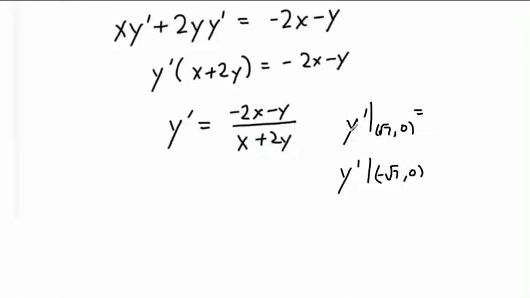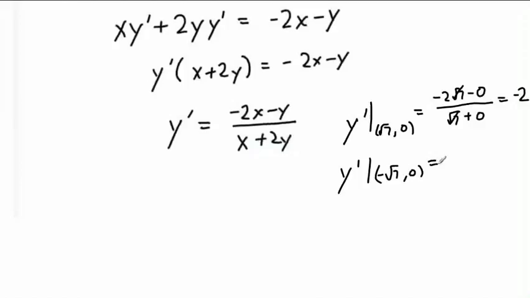Every time we see an x, I'm going to put in the square root of 7, and anytime I see a y, I'm going to put in a 0. So then you end up getting negative 2 times the square root of 7 minus 0, all over the square root of 7 plus 0. And if you reduce this, the square roots of 7 go away, and you end up with negative 2.